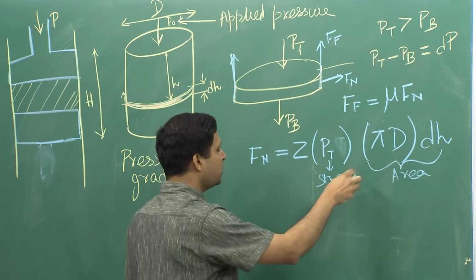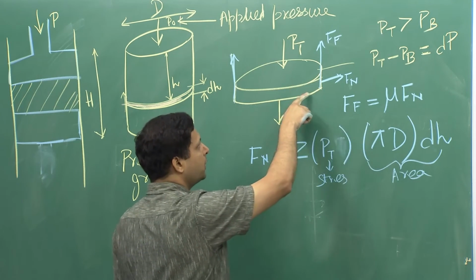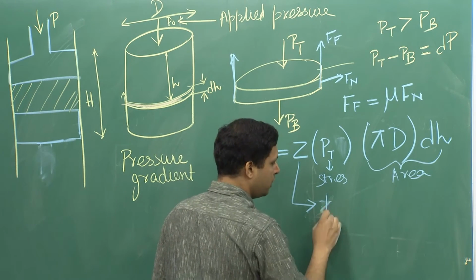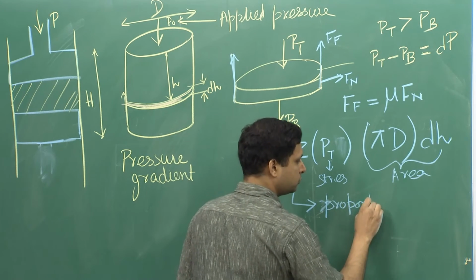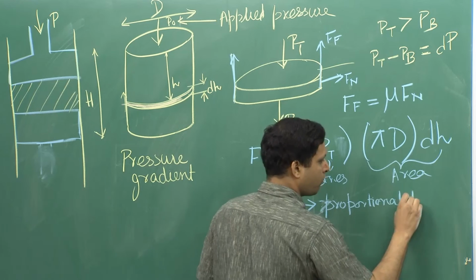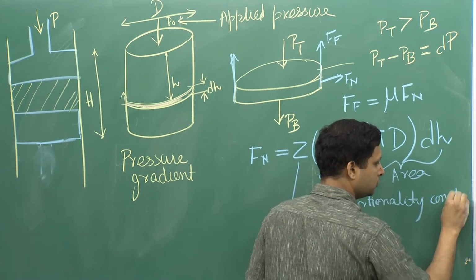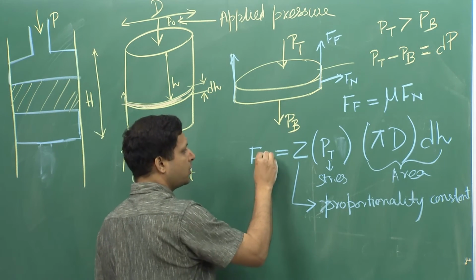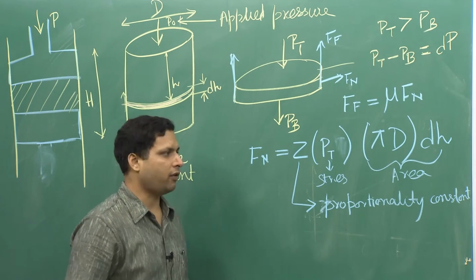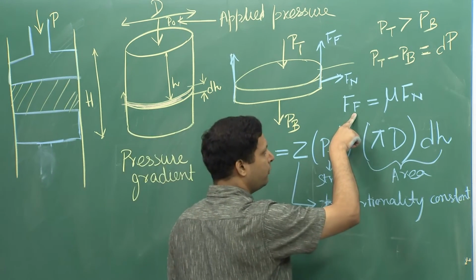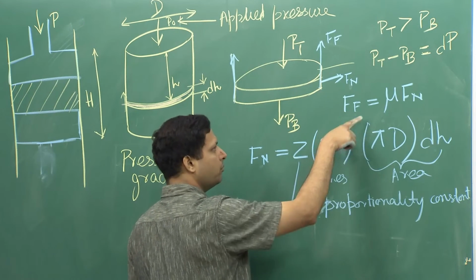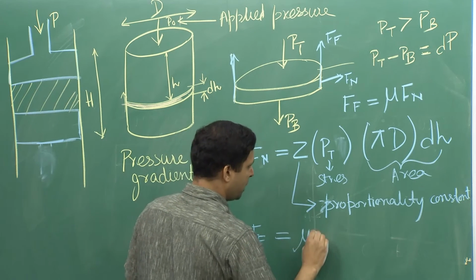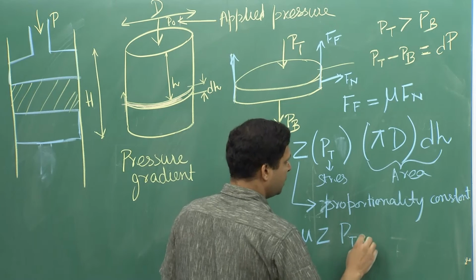So, stress times area is the force that is acting, and this proportionality constant Z gives us our normal force Fn. Now, if we know Fn, we can say what Ff is, which will be this times mu. So, Ff will be mu times Z times Pt.